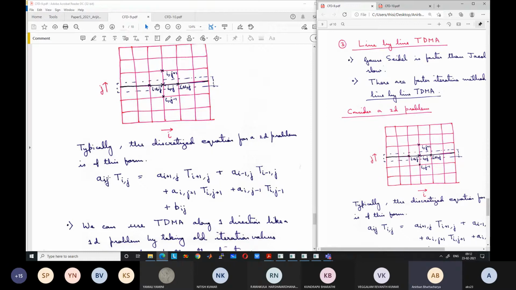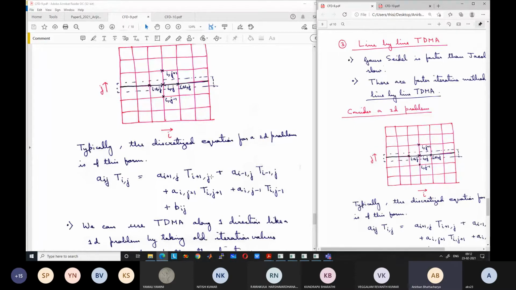So the equation will look like this: a_ij T_ij, for the ij grid point, is equal to a_(i+1,j) T_(i+1,j), so the coefficient for this a_(i+1,j) with T_(i+1,j), plus a_(i-1,j) T_(i-1,j), plus a_(i,j+1) T_(i,j+1), plus a_(i,j-1) T_(i,j-1), plus b_ij, which is the source term or the other known terms. So this will be the equation for a 2D problem.